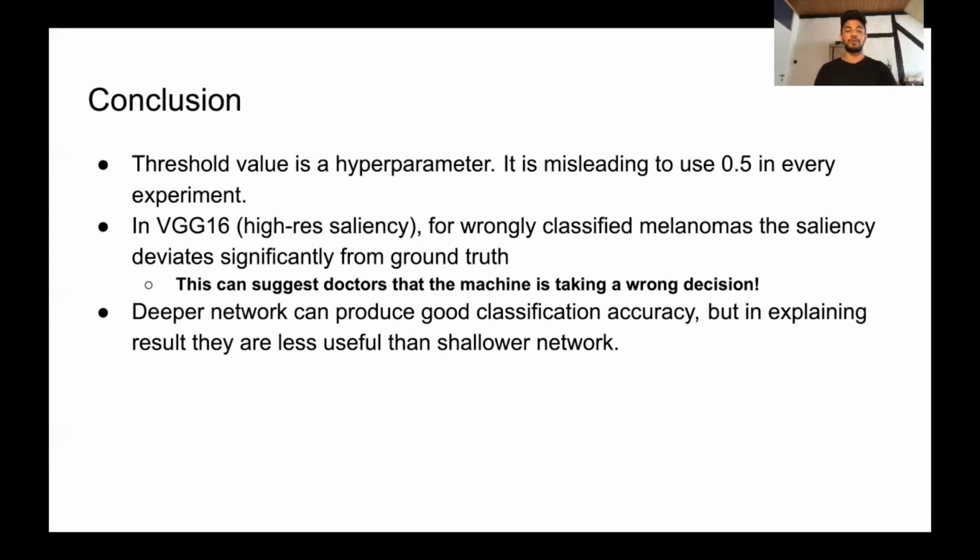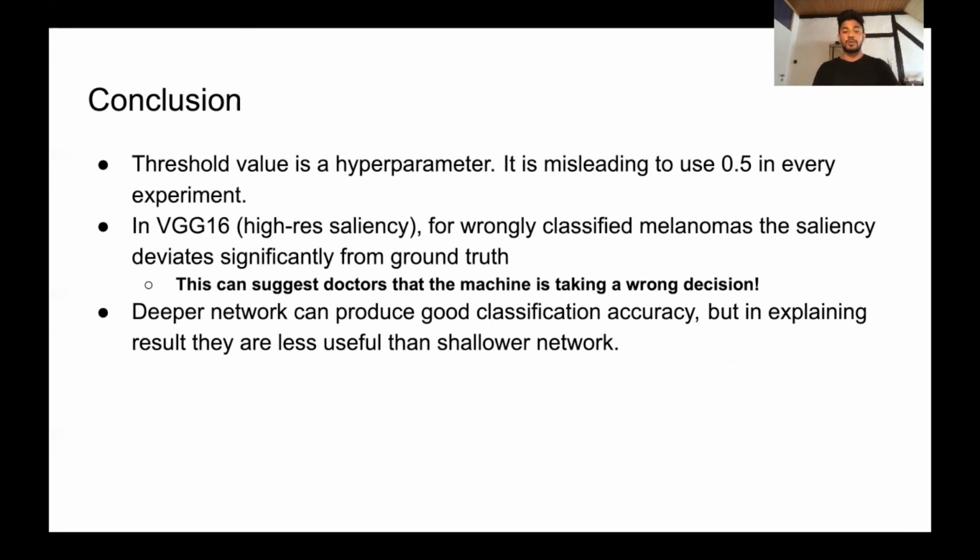Also, we'd like to say that in VGG16, the high resolution saliency for wrongly classified melanoma deviates significantly from the ground truth. So this can suggest to doctors that the machine is making a wrong decision.